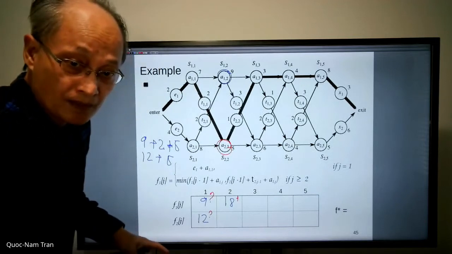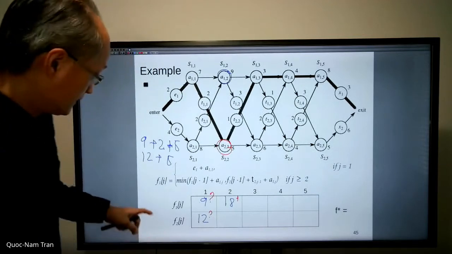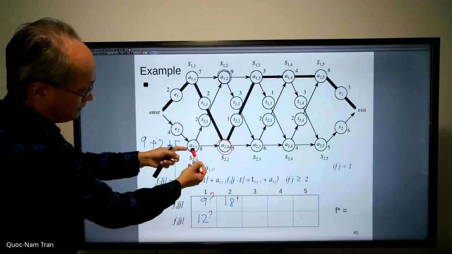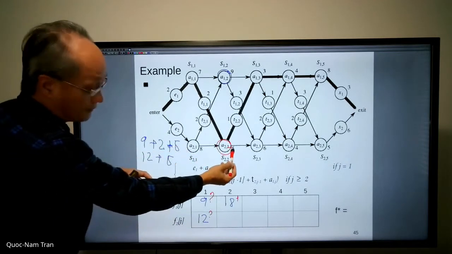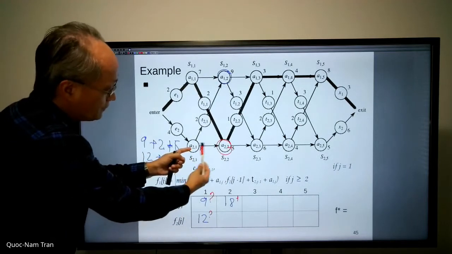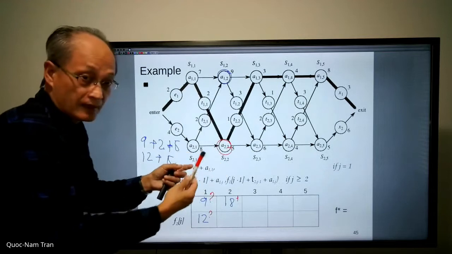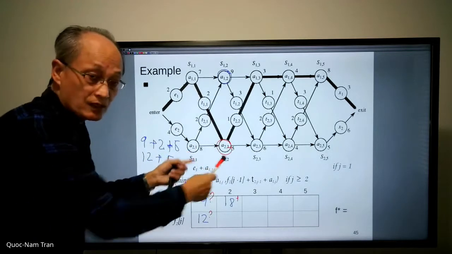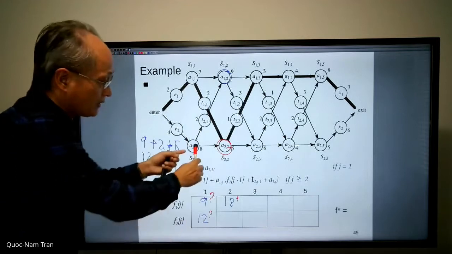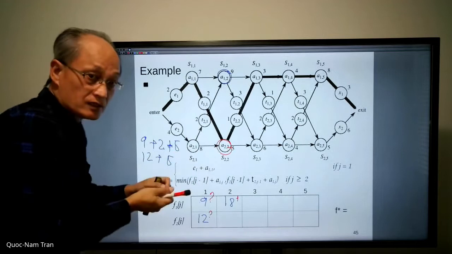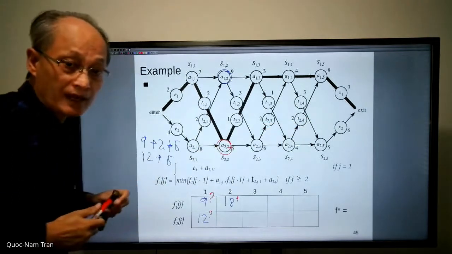Here we have the 12 plus 5, because going from one station to the consecutive station on the same assembly line costs nothing. They are next to each other, so we don't need to spend time.